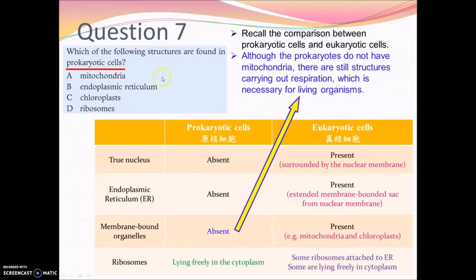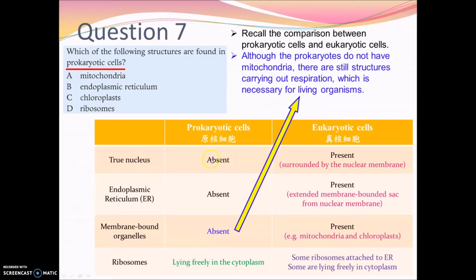Which of the following structures are found in prokaryotic cells? This table I extracted from the book, and I also talked about it in the lesson. When we are doing revision of the comparison between prokaryotic cells and eukaryotic cells, the first priority is the true nucleus, whether they have it or not.